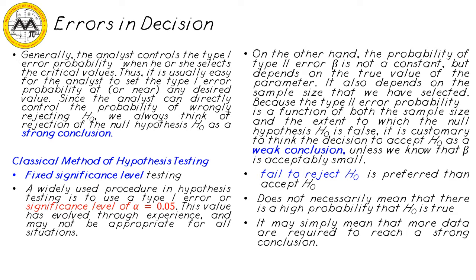So the statement is always to not reject the hypothesis or fail to reject the hypothesis and not accepting the hypothesis. It does not necessarily mean that there is a high probability that the null hypothesis is true. It may simply mean that more data are required to reach a strong conclusion.